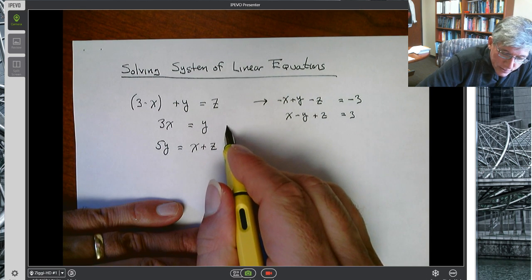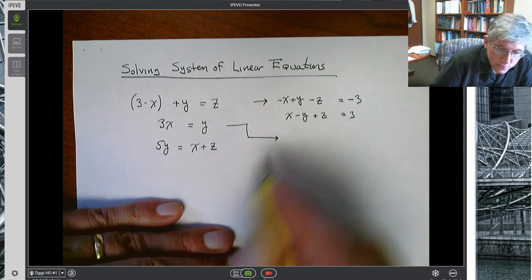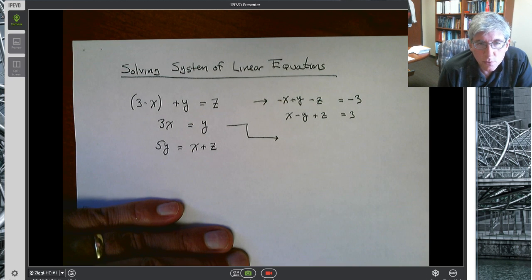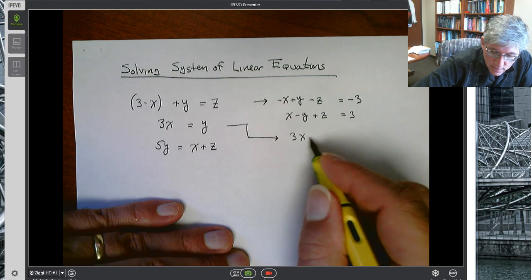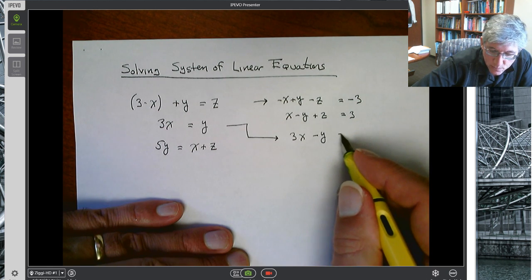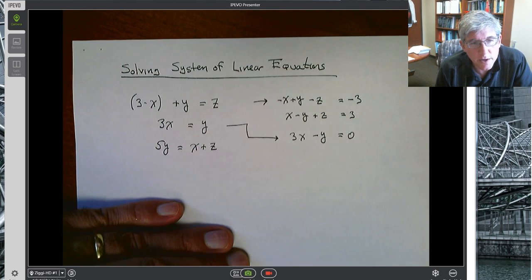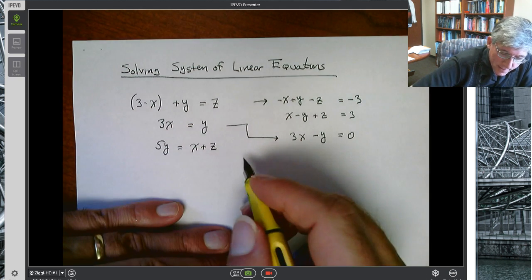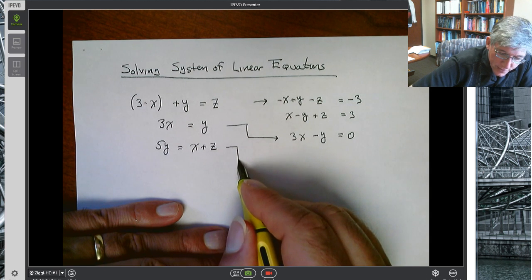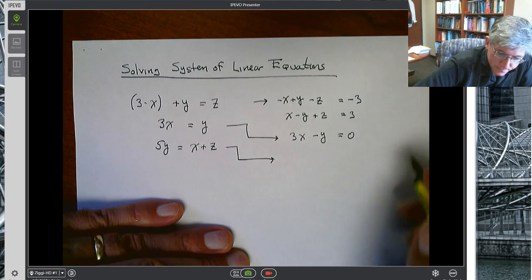All right, we do the same operations to the second equation. Again, moving all the terms involving x, y, and z onto the left side. So that's going to give me 3x minus y equals 0. Okay, so that equation is a homogeneous equation because the right-hand side is 0. The first equation is inhomogeneous, okay? And then again, doing the same thing with the third equation.